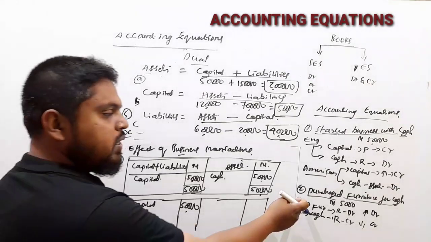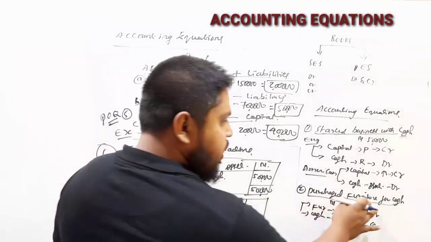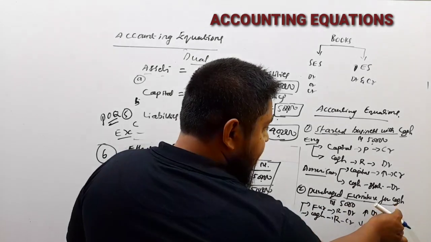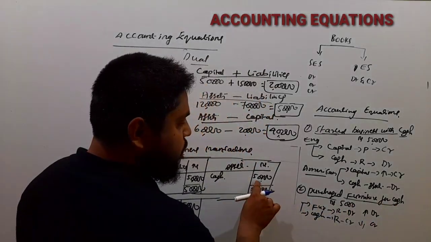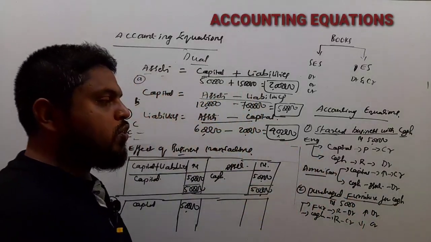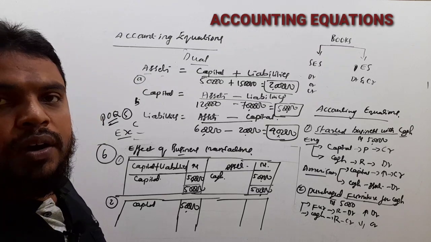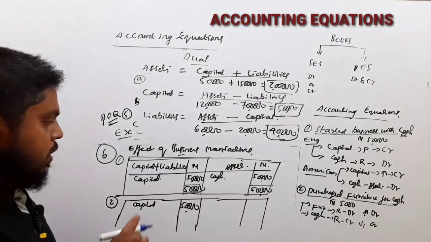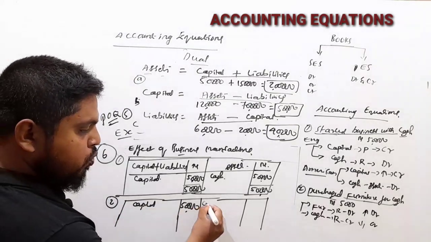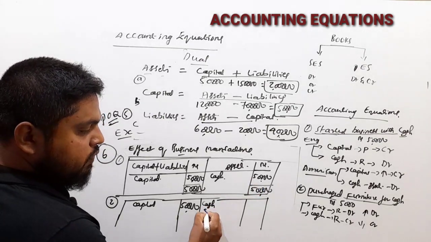So this transaction will not affect the capital, because purchase of furniture is for cash. So in the 50,000 cash, he has paid 5,000 for the purchase of furniture. Now capital is 50,000. So the actual cash is 50,000.